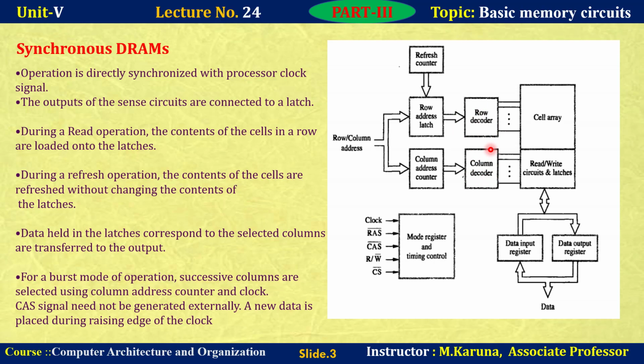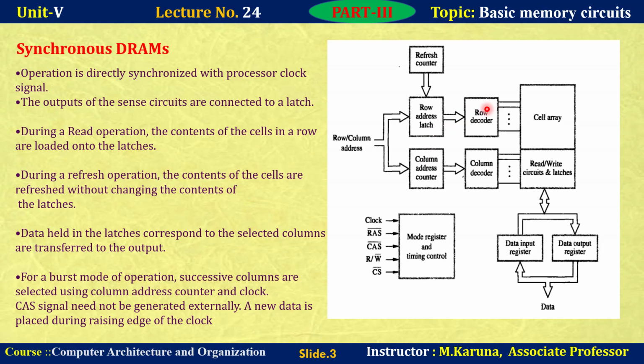This is the column decoder. Here are the read or write circuits and latches, meaning sense or write circuits. Next, the column address counter will be refreshed or reset with the help of the refresh counter, and whatever address is transferred to the memory by the processor will be loaded into the row address latch and column address counter.